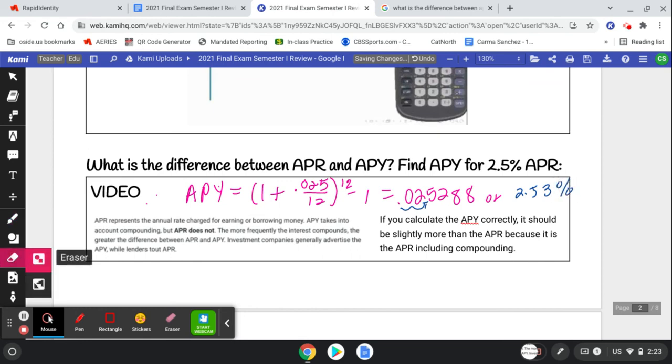So notice that 2.53 is slightly higher than the original APR of 2.5 because it's just telling us how much we're going to earn, including the compounding, which should be slightly more. Okay? How'd you do?